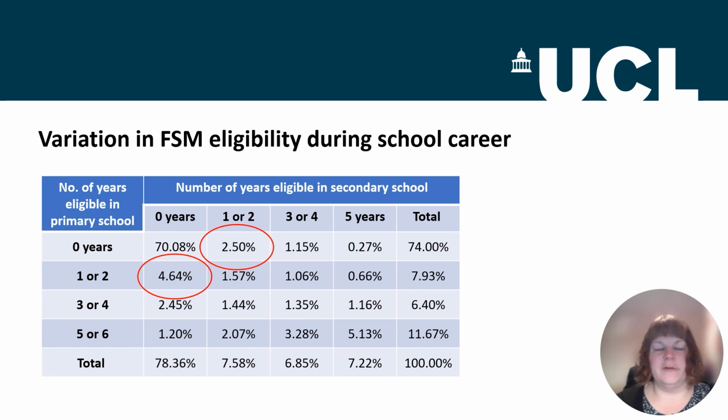By contrast, if you focus just on individuals who have a similar number of years of entitlement but in secondary rather than primary school, you can see that figure's a bit lower. And that's typical throughout the cells in the table. People are more likely to be eligible for free school meals in primary rather than secondary school. And in future work, we're going to explore how much that might matter for later outcomes.